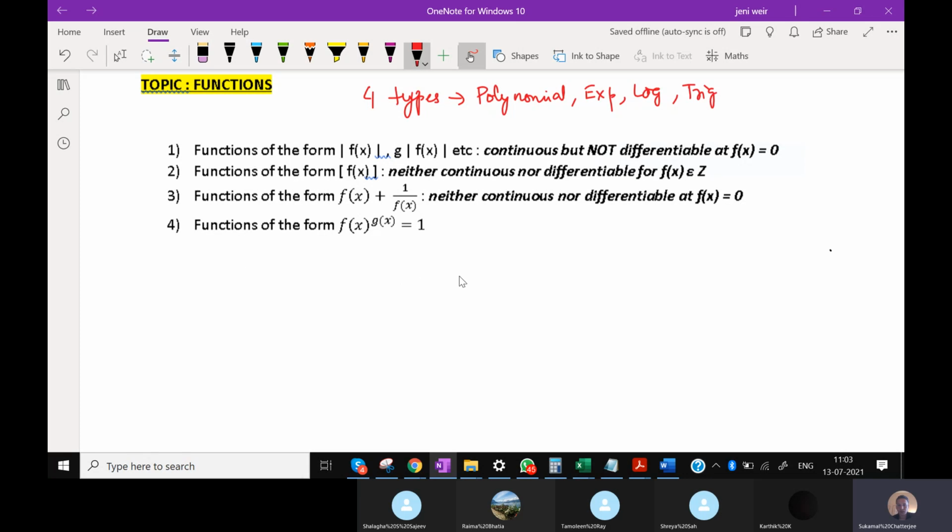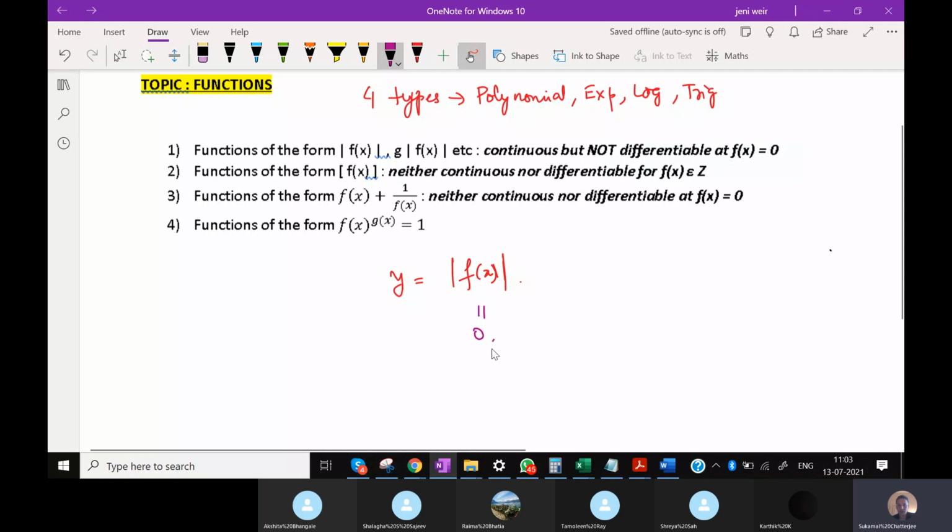So the first type is the modulus function. Now, as you know, any modulus function will have a point of inflection, right? So if I have y is equal to f of x, that means wherever f of x is equal to 0, there will be a point of inflection.